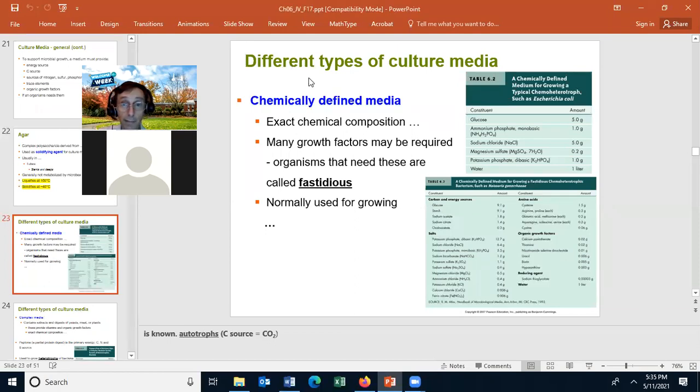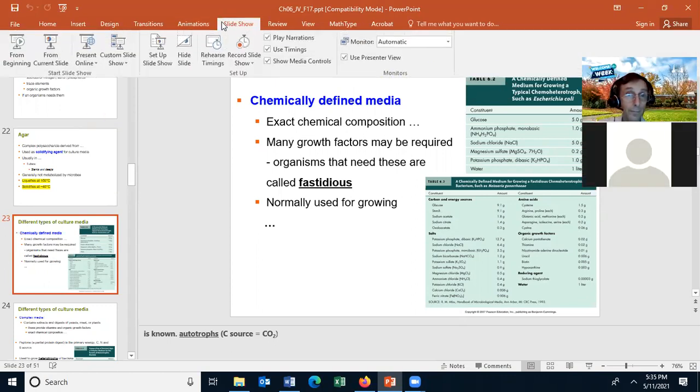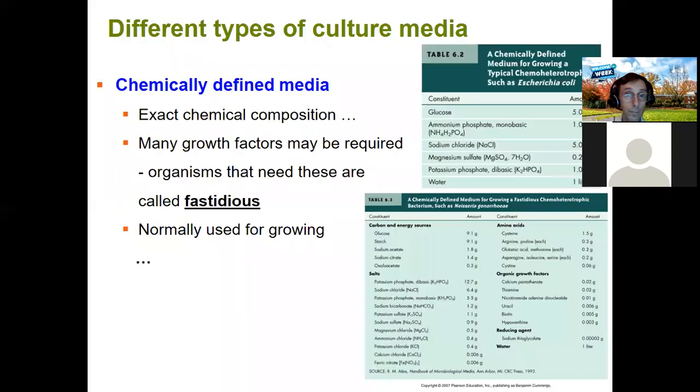There are different types of culture media. Let me see if I can blow this up. There's chemically defined media, where we know the exact chemical composition of every molecule in the media. The reason for that is that we add all of the molecules in the media. So here's a chemically defined media.